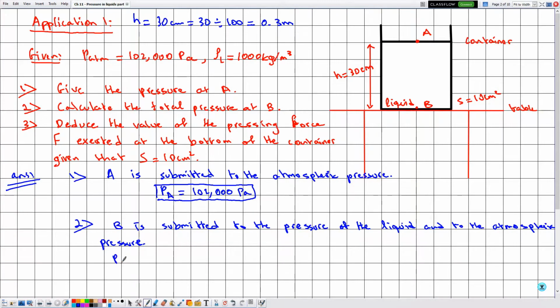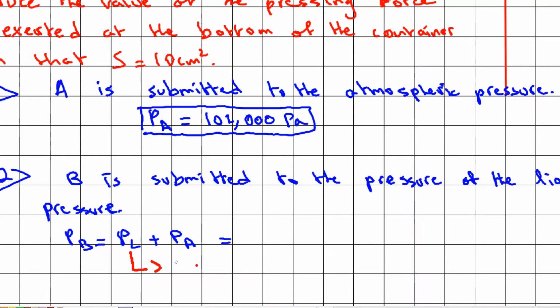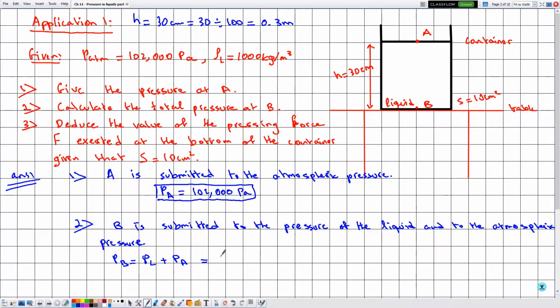Then the pressure at the point B, since they're asking us about the total pressure, is the sum of the pressure due to the liquid, let's denote this pressure by PL, plus the atmospheric pressure, which is given by PA. Now, because PL is the pressure due to a liquid, it's given by the density of the liquid times g times h. So it is rho L multiplied by g multiplied by h plus the atmospheric pressure, which is PA.